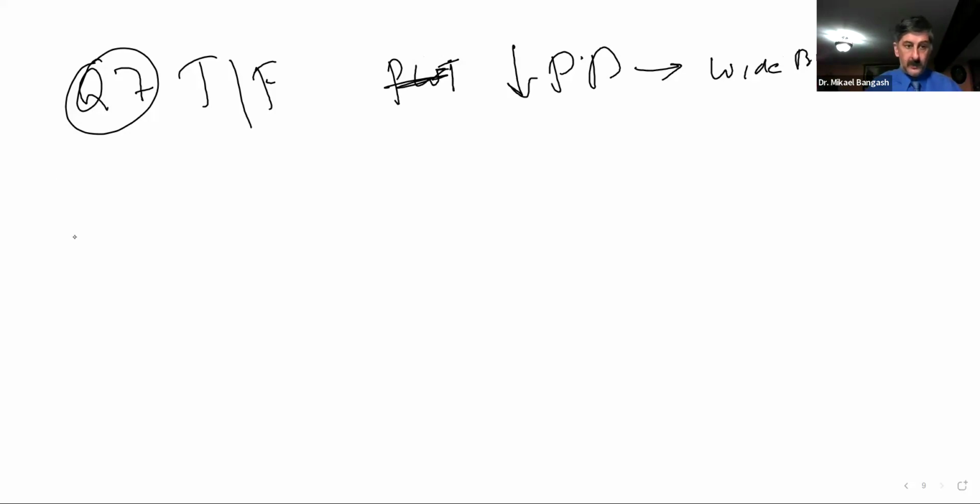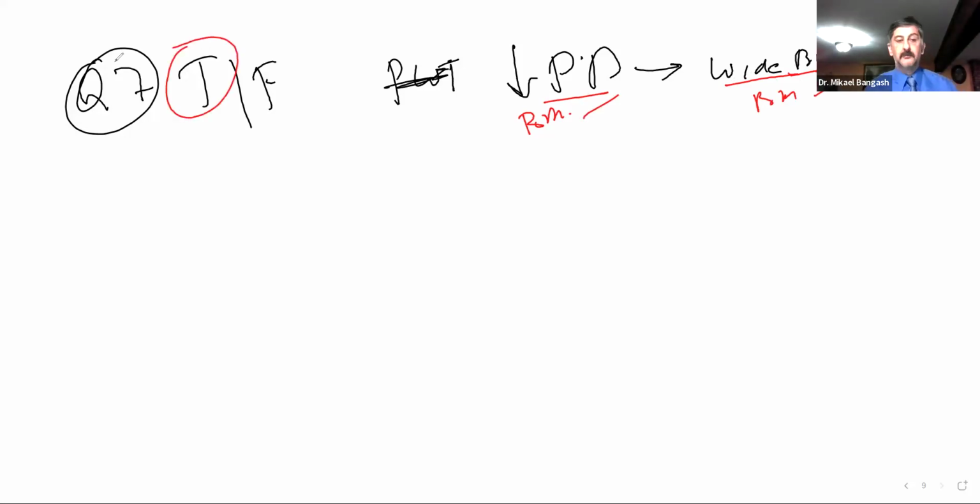And guys, if you know that a shorter pulse duration is due to backing material, does backing material provide us with a wide bandwidth? If both of these are true, that's true. Did that make sense? Yes. Good.